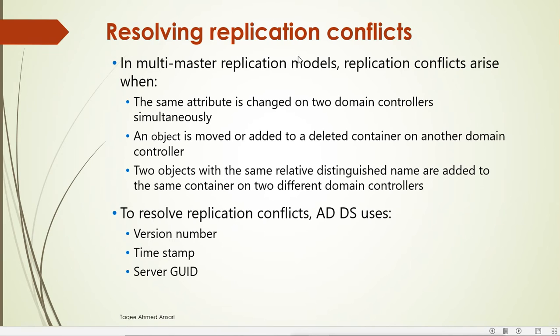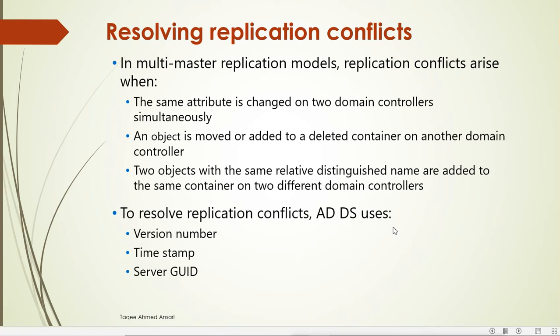Now, resolving replication conflicts. In the multi-master replication model, replication conflicts can arise. Multi-master means we have multiple domain controllers, and all of them have the right to make changes. So if one domain controller makes one change and another domain controller makes a different change, there may be a conflict between them. The same attribute is changed on two domain controllers simultaneously.